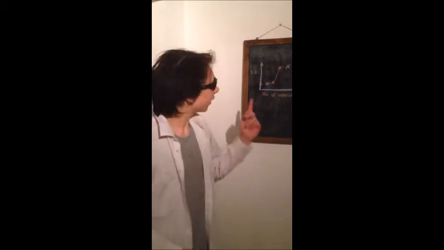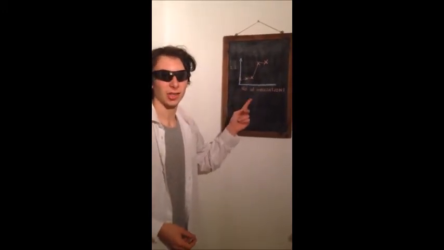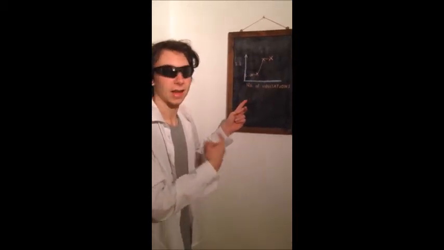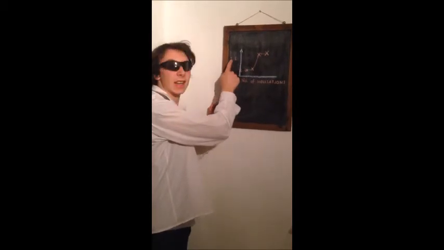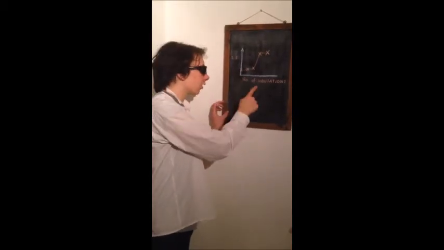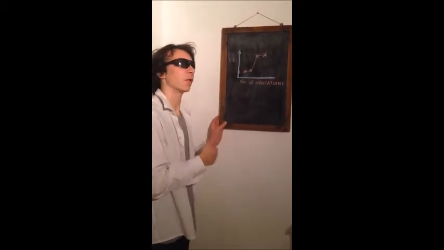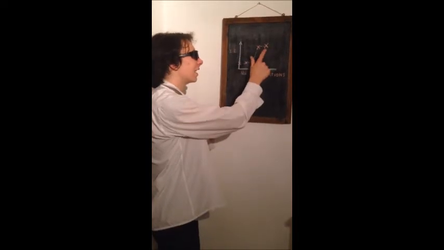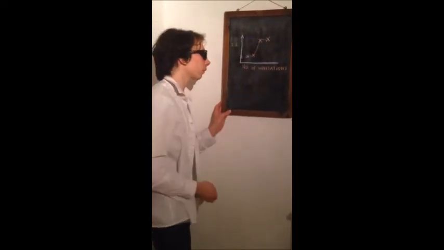Okay, so here we have the graph that we plot for ionization energy. Okay, the successive ionizations. Here on the y-axis we have the ionization energy, here on the x-axis we have the number of ionizations. And so what that means is that each little mark here is a successive electron that we are removing.